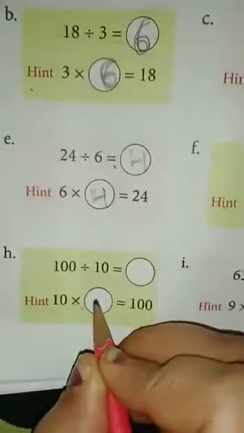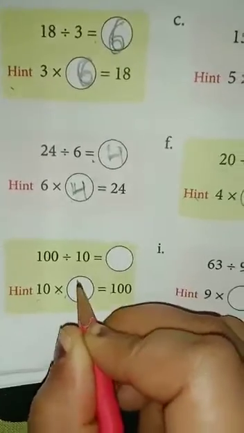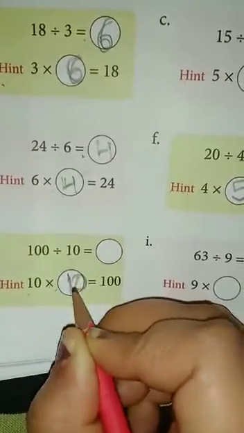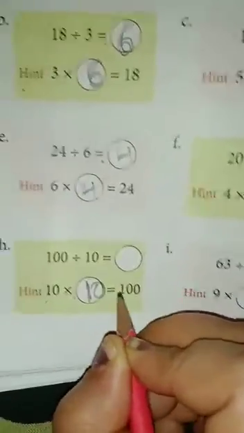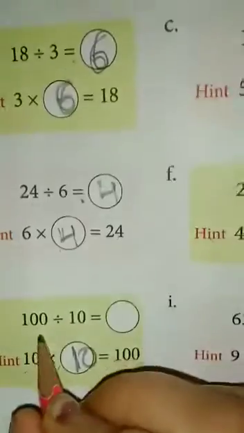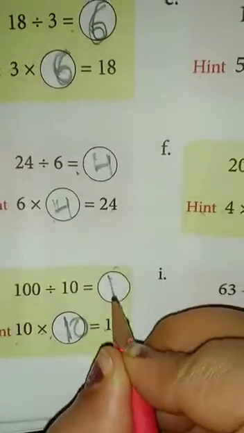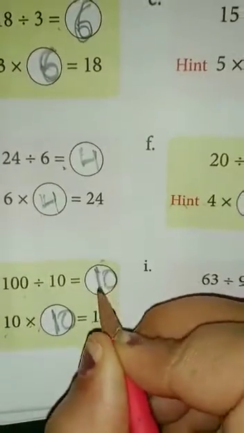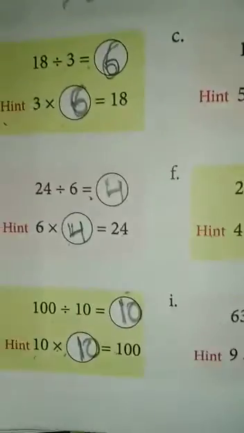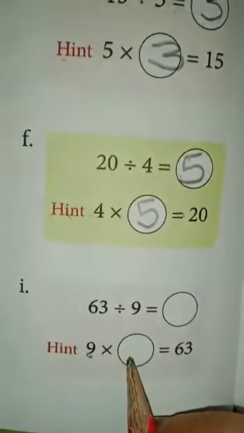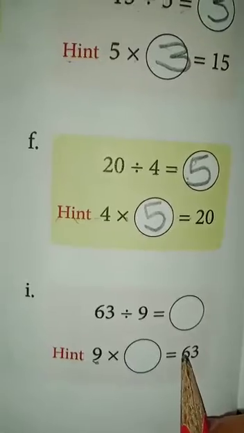We know the 10 table. So 10 tens are 100. 10 into 10 is equal to 100. So 100 divided by 10 is equal to 10. Next example is 9 into blank is equal to 63.